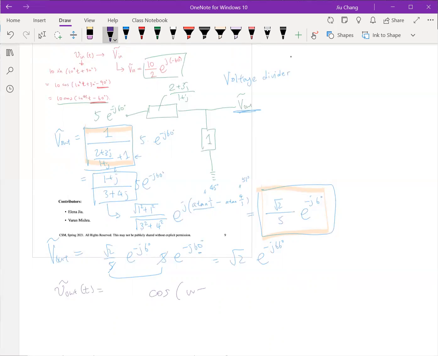So our cosine will have omega t plus phi as a general form and our V naught as a magnitude.